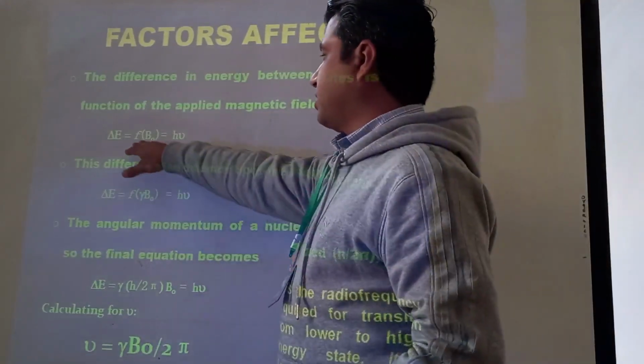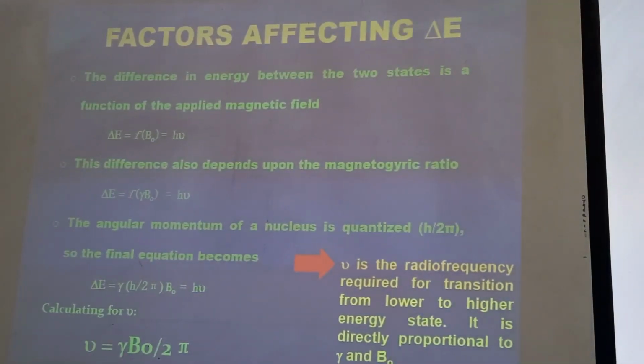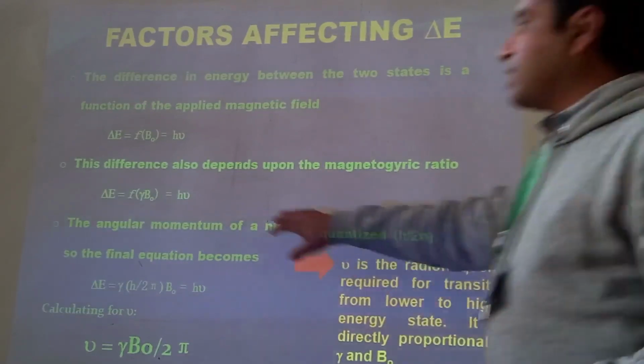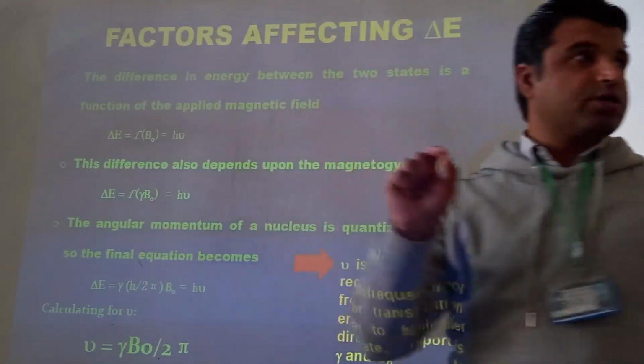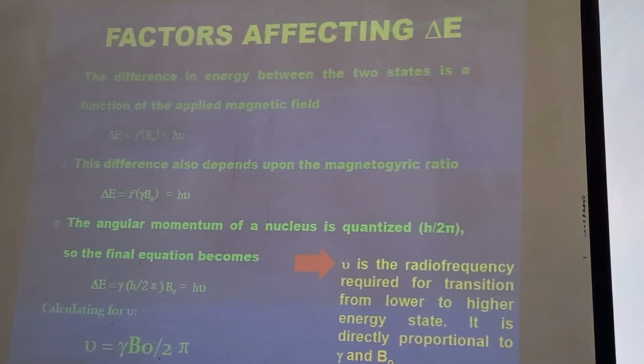Now this difference of energy for different types of nuclei also depends upon another factor, that is a constant, the gyromagnetic ratio of these nuclei. We can say that del E is a function of B naught as well as the gyromagnetic ratio. And this energy gap between the two spin states of proton and carbon 13 is very important.